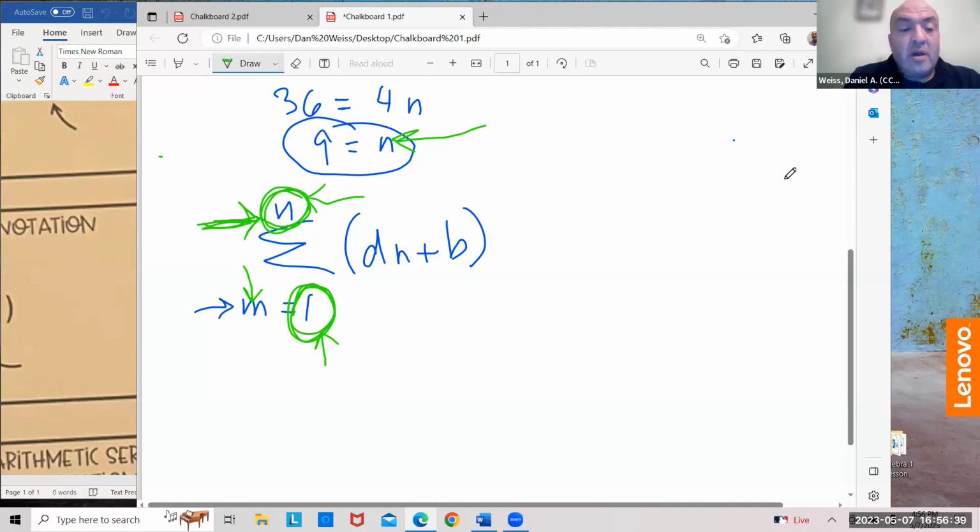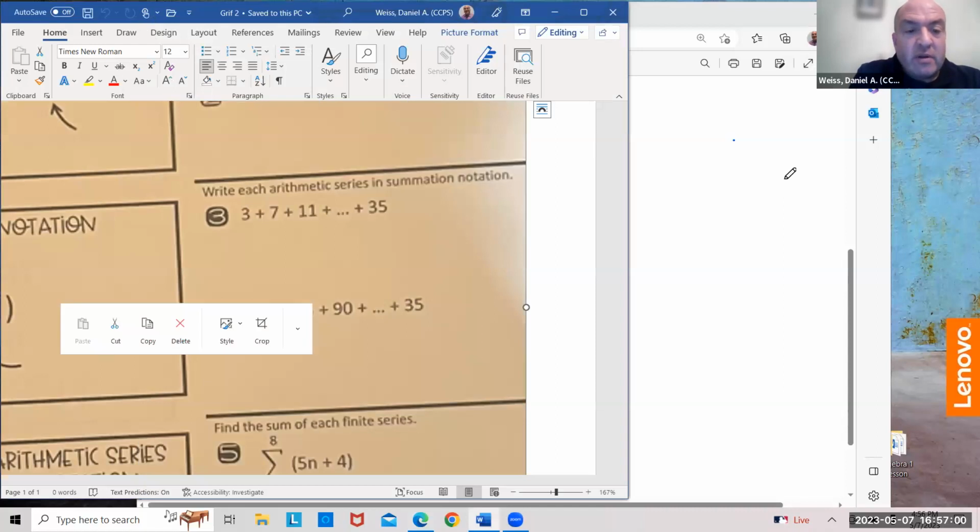So now what we're going to say is sigma, in this case, M equals 1 to 9. And then the common difference in this problem, was it 4? It was 4.